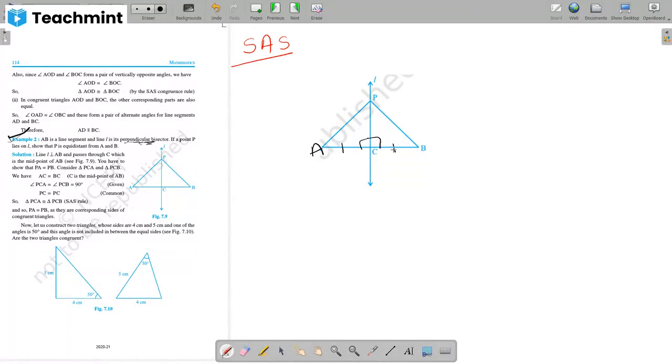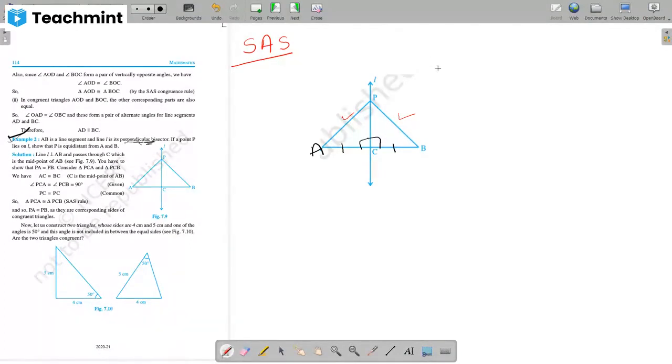And a point P lies on the line L, and we have to show that P is equidistant from A and B. Equidistant means at equal distance. If you measure the distance between P and A, and the distance between P and B, it is the same. So is the question clear to all? Yes, ma'am.